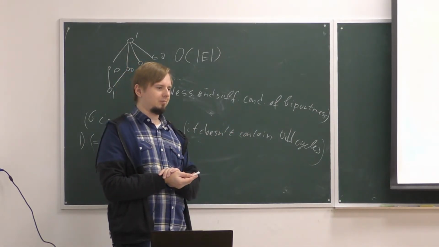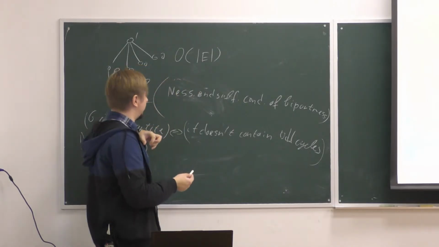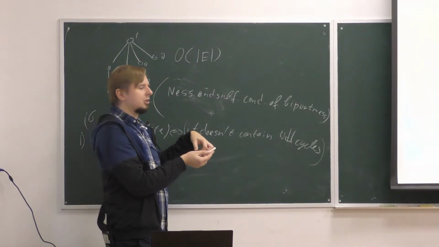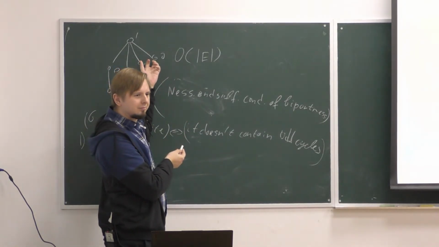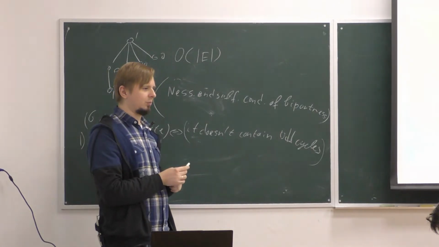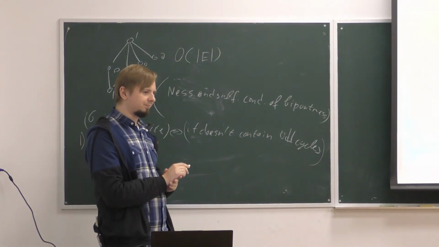So we construct a spanning tree in our graph because it's connected, and color each vertex in this way. Then what should we do next? What's the next step?